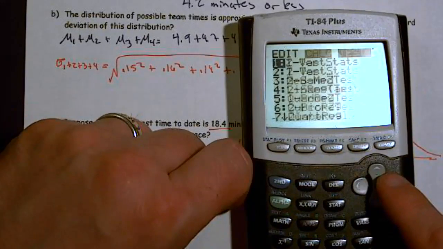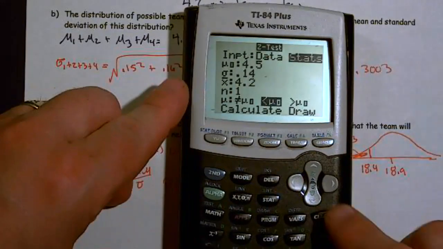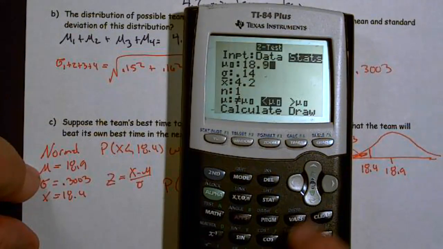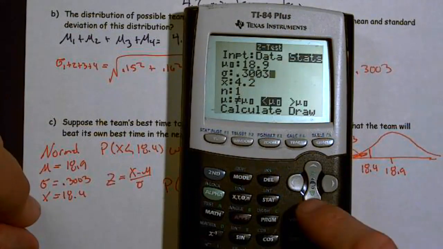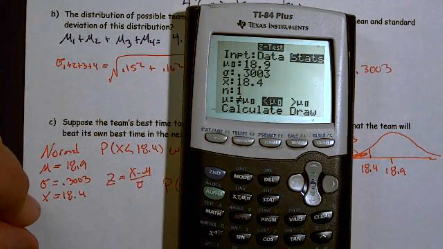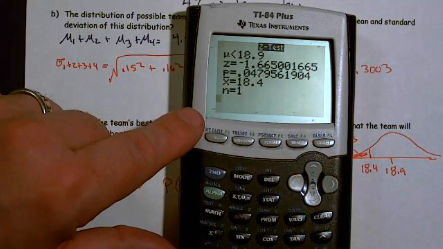Stat test, Z test. Mean 18.9, standard deviation 0.3003, X of 18.4, N is 1. We want to be less than that because we want to beat the time.